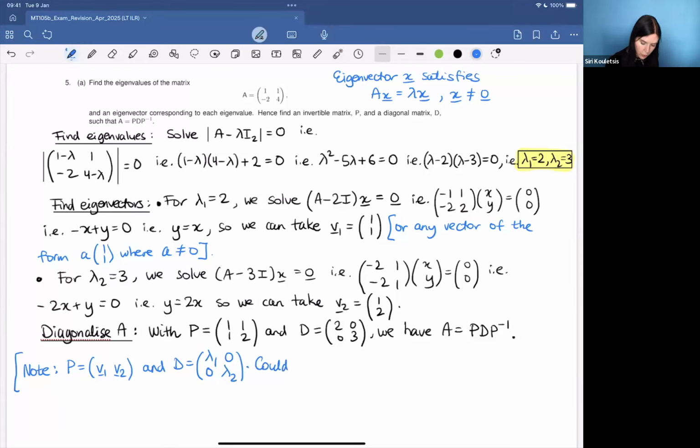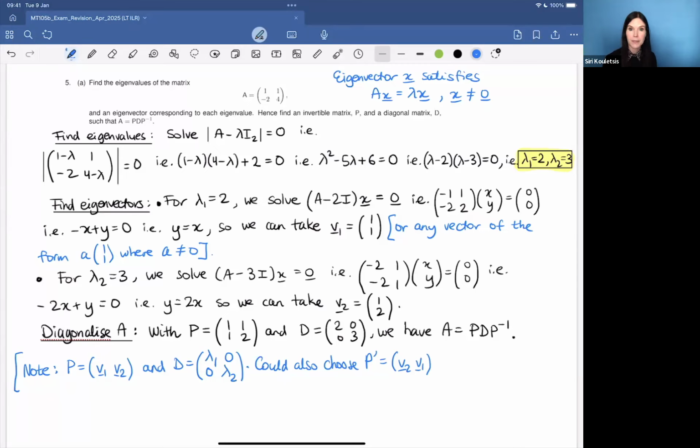So we could also have chosen a different P. Let's call that P dash, where we put V2 as the first column. So the matrix would be 1, 2, 1, 1. But now, you can guess what's coming.